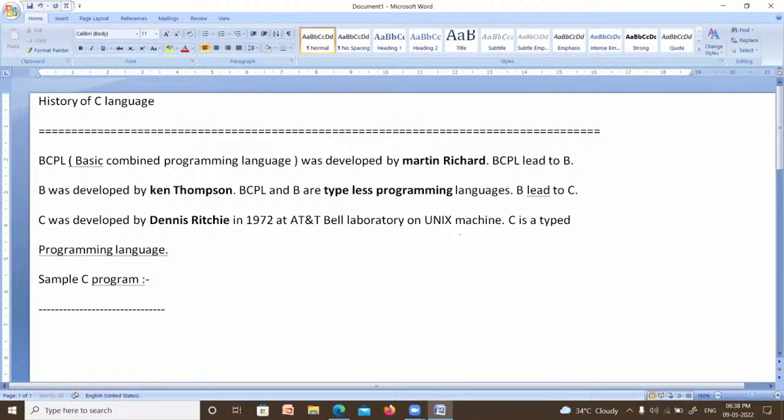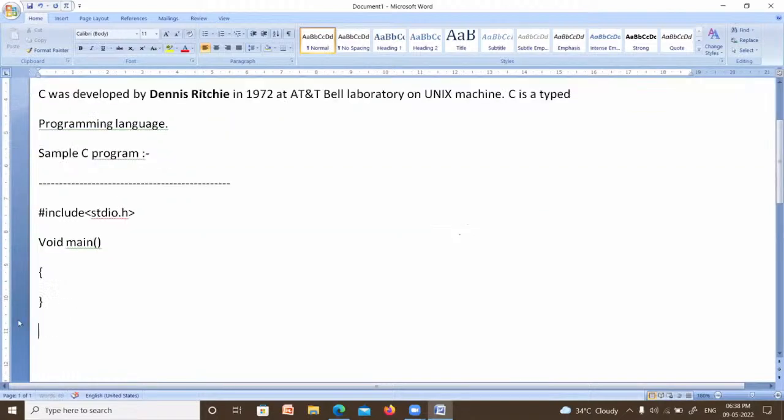After that, we have to write void main. Within these two curly brackets, you have to write the program, that is known as processing statements. Here one semicolon. It is the sample C program, right?